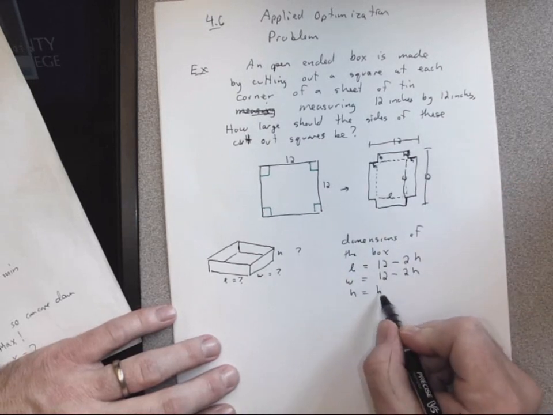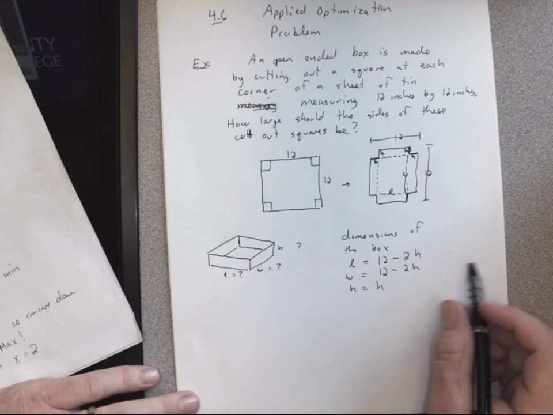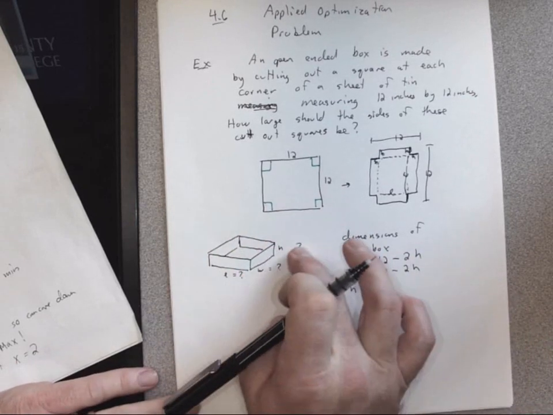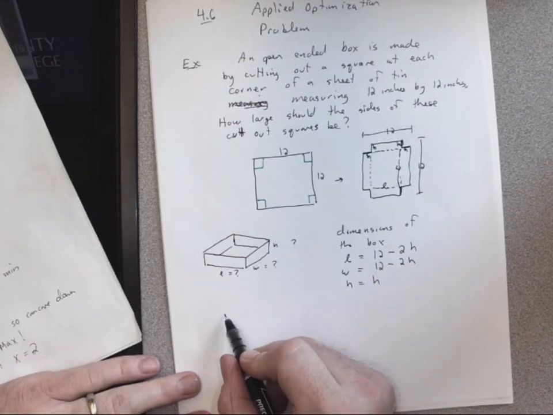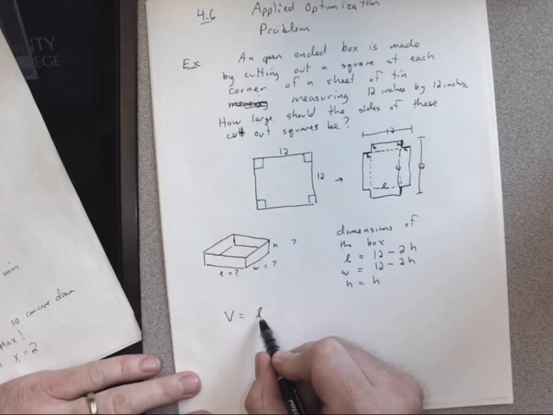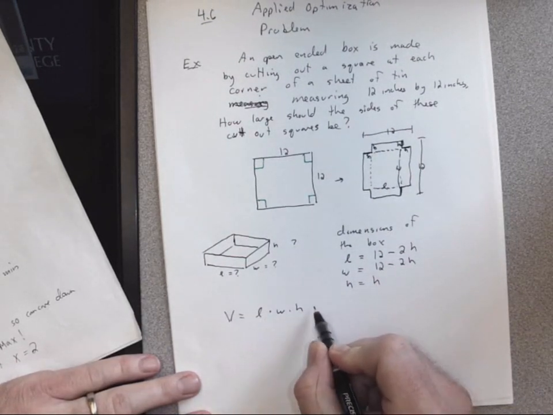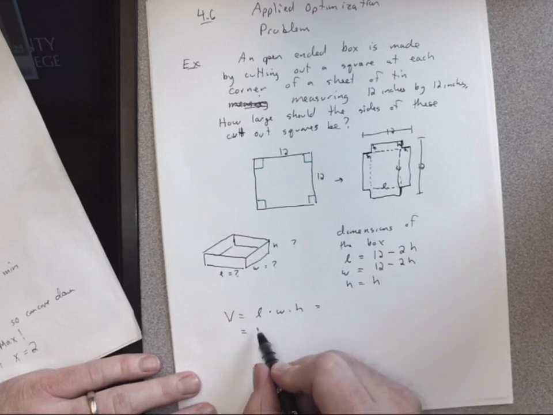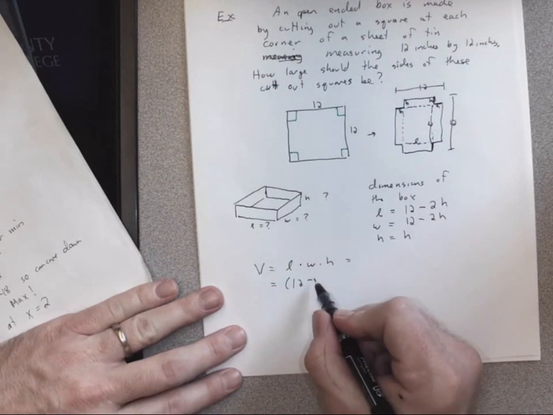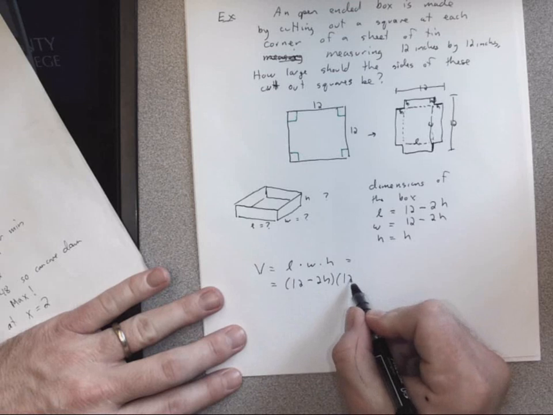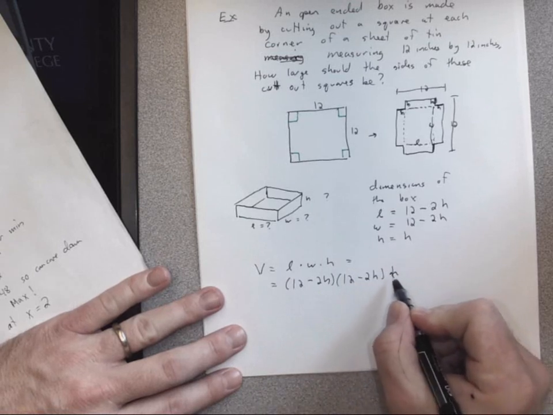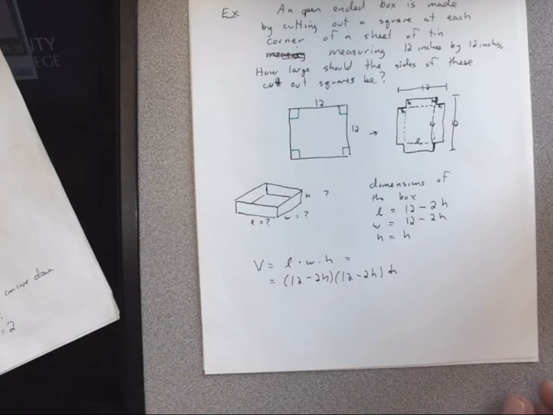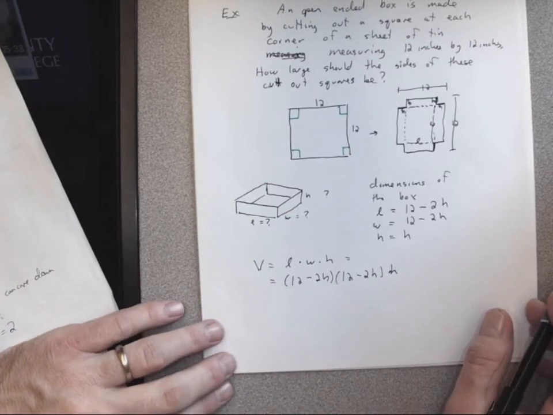And then my height would be equal to h. So my goal is to write the dimensions of this box using just one variable. So the volume of this box, which is length times width times height, is now going to be equal to (12 minus 2h) times (12 minus 2h) times h, right?